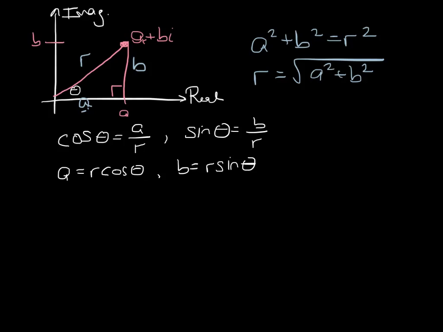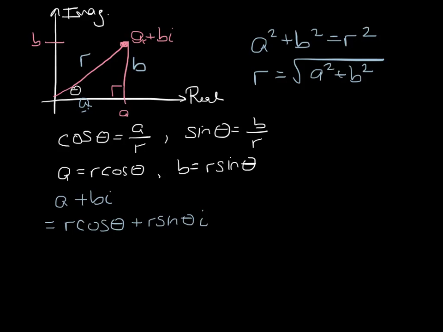Now watch this. Our complex number is of the form a plus bi. So let's rewrite that and say that a is r cos theta and b is r sine theta, and then we still have i right there.